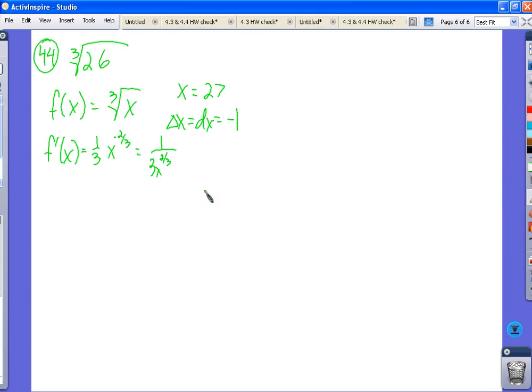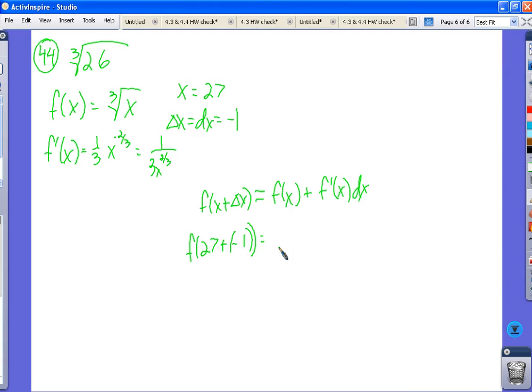And again, f of x plus delta x can be approximated with f of x plus f prime of x times dx. That's that original y value plus our approximation of a change in y. So f of 27 plus a negative 1 is equal to f of x.